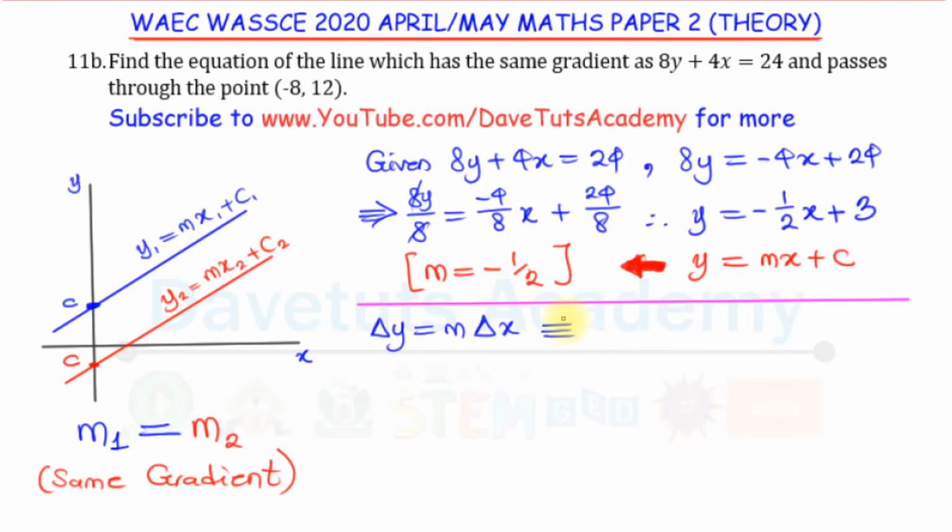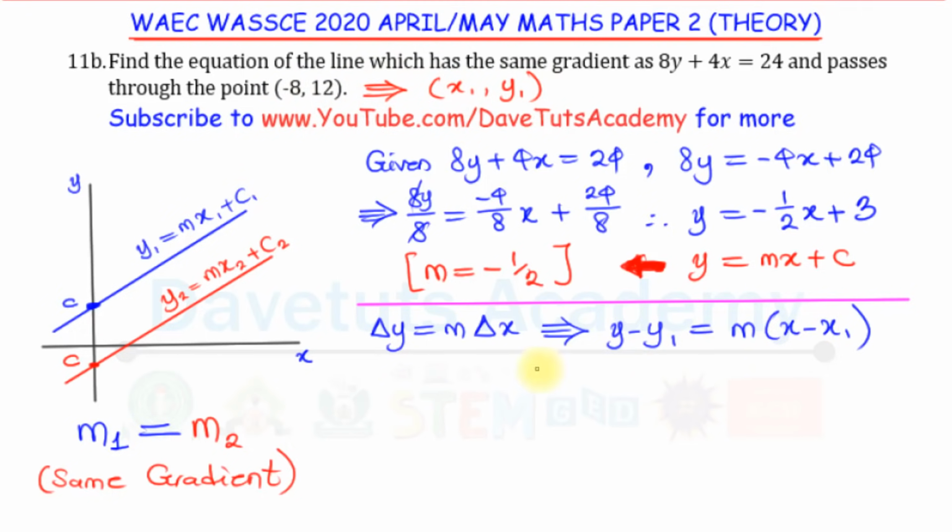And what's the meaning of this? This implies that y minus y1 is equal to m multiplied by x minus x1. So what is my y1? What is my x1? It is the same as what we are giving here. This that we are giving is the same as x1 comma y1. So x1 is minus 8, y1 is 12.